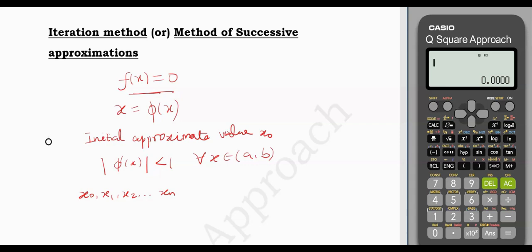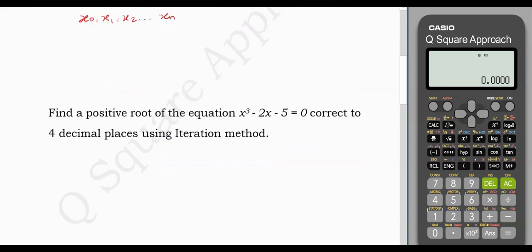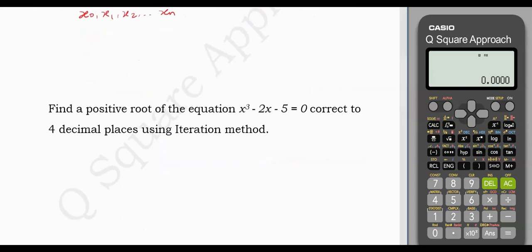Now we will discuss this concept in detail through the following problem. The problem is, find a positive root of the equation x cube minus 2x minus 5 equal to 0 correct to 4 decimal places using the iteration method.